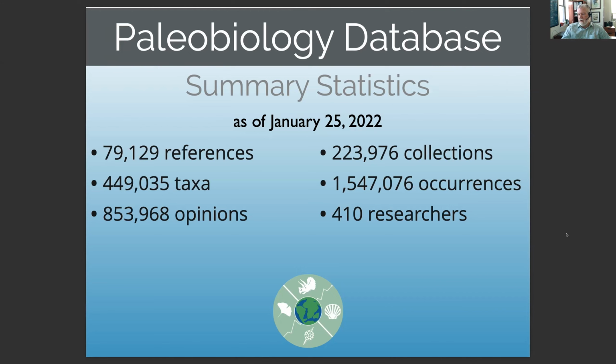We also have a system to keep track of the names of those fossils, the taxonomic names, plus we track the opinions, what people have said about those names, which is an interesting feature of our system I can go into in more detail.